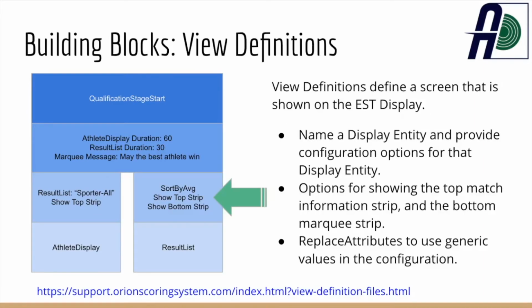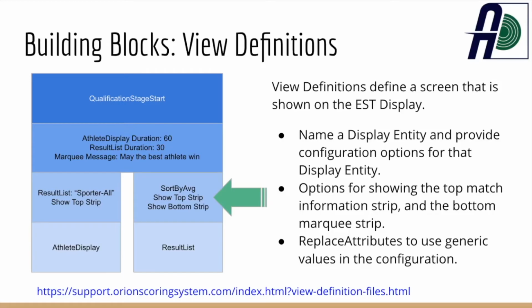The next layer up is what we call view definitions. At a human level, a view definition is just a screen that the EST display, the MM100, shows at any one particular time. But at a more technical level, a view definition names a specific display entity that you want to show, and it provides the options to go along with that display entity.